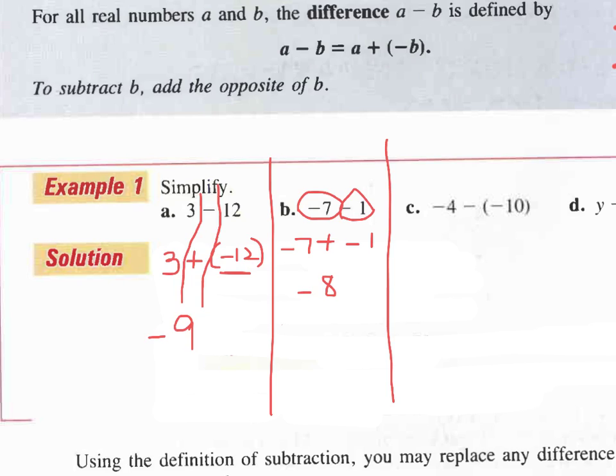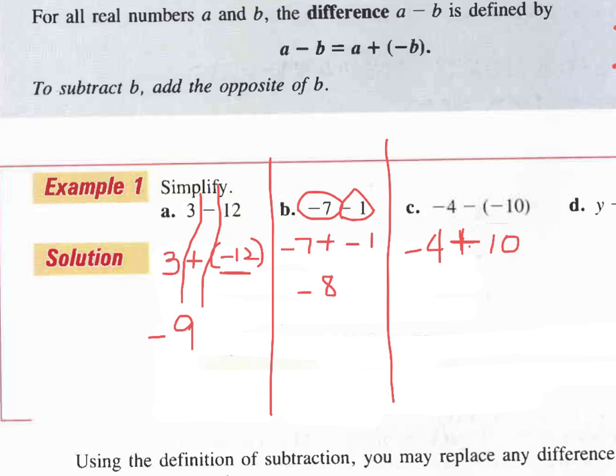Now, notice here, with this negative, negative, what we're asked to do is subtract the opposite, or if you think of it as keep the first number the same, change this to a plus sign, and then make the 10 opposite. That's what that definition of subtraction is.